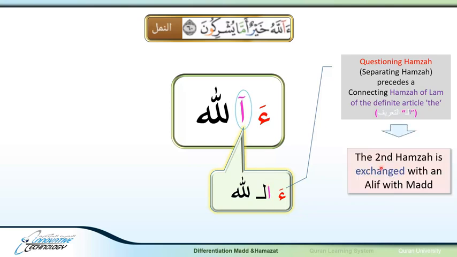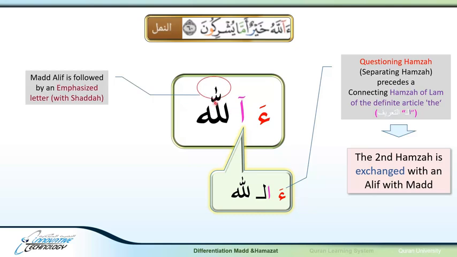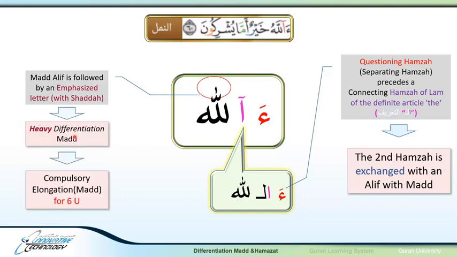It is this connecting second hamza that would be exchanged with an alif with mad, and it is followed by a shadda on the lam following al-ta'rif, and that's why we call this mad a heavy differentiation mad, the rule of which is to apply compulsory elongation mad on this alif for 6 units. Allah. We have lengthened this for 6 units.